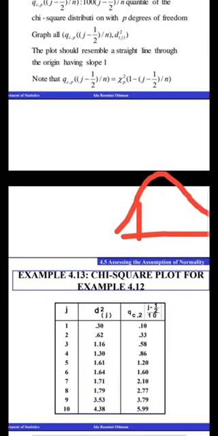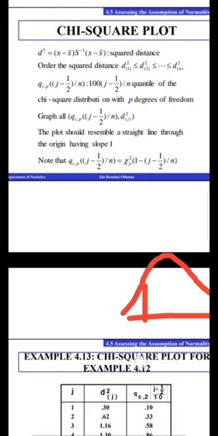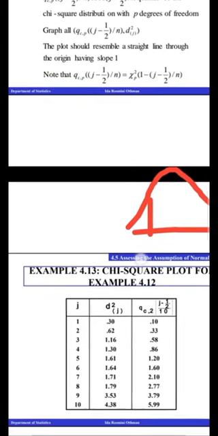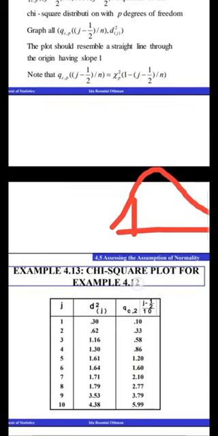First, we need to arrange the d square from smallest to largest. Alright, so that is the first step. Calculate the d square and arrange from smallest to largest. We need the d square here to plot the chi-square plot.